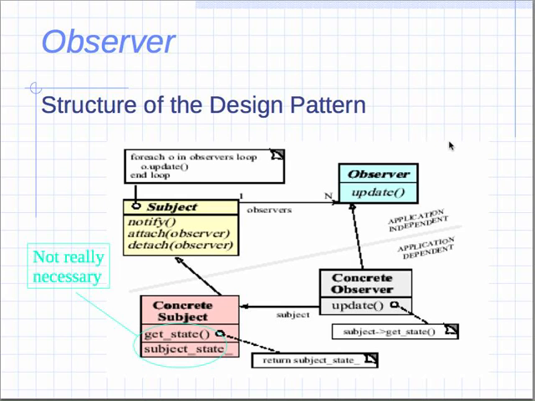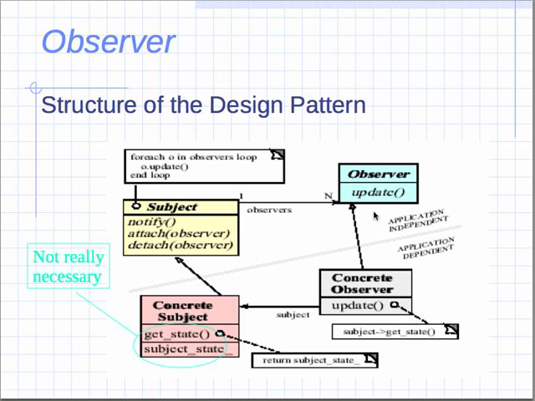Okay, so the structure of the design pattern, once again, usually you have an abstract class with a more concrete subject. For example, the JButton would be an example of a concrete subject. And you may not need things like get state and subject state; these would be get and set subject state methods to change the state of the subject or just get it.